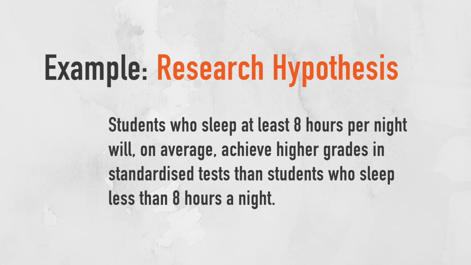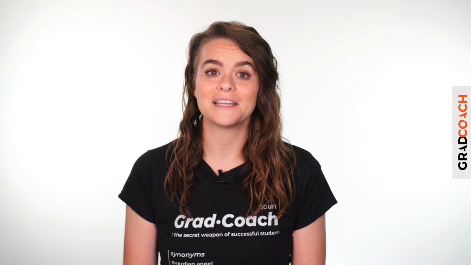As you can see, the statement is very specific as it identifies the variables involved, sleep hours and test grades, the parties involved, 2 groups of students, as well as the predicted relationship type, a positive relationship. There's no ambiguity or uncertainty about who or what is involved in the statement, and the expected outcome is clear.